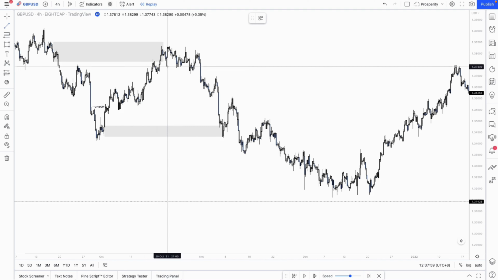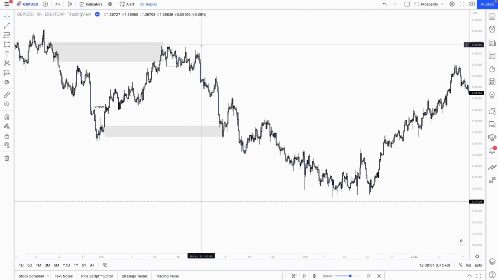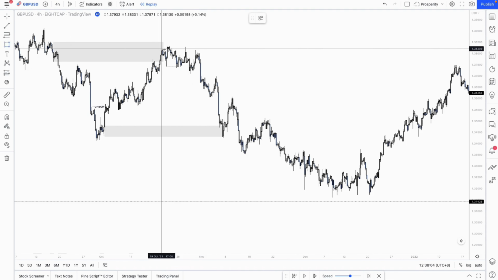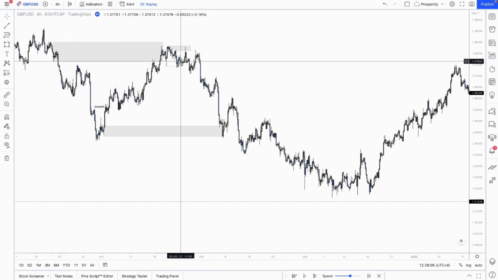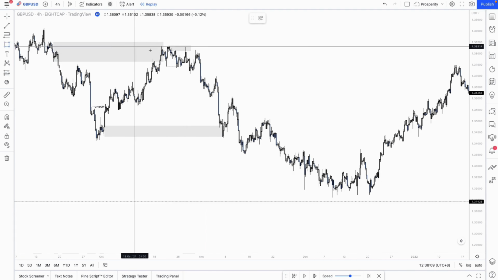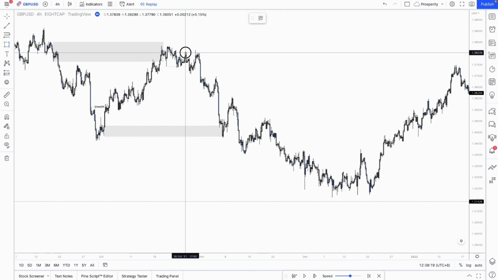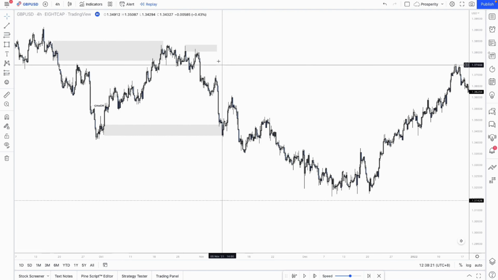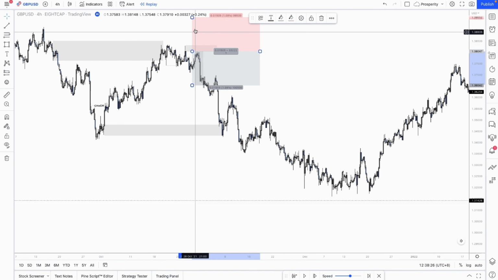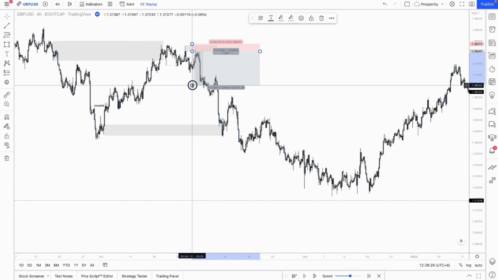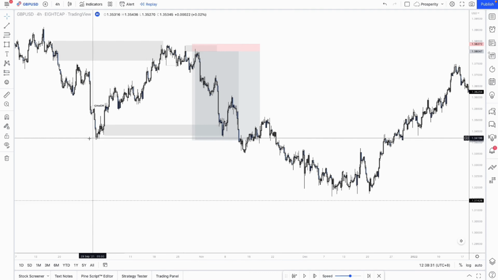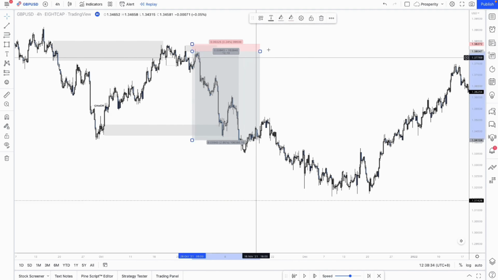So we pull back, we push up, change of character, nothing really to mitigate inside of this level. So we tap in, push down, and have a newly formed change of character inside of our wick, which we already know, if we go to a lower time frame, as produced in the previous video, is a buy to sell, which presents us with an opportunity to get involved in the market following the structural lows. 12R, take profit.